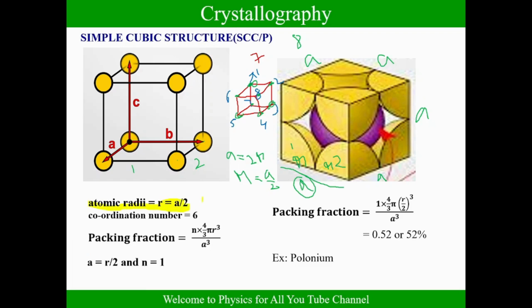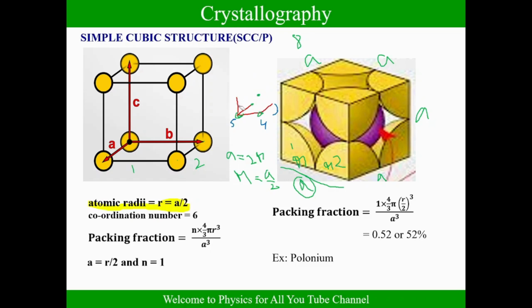You note this point. Now, we have to calculate the coordination number. Coordination number is defined as the number of atoms nearer and equidistant to any other atom. That number is known as the coordination number. Now we have to calculate the coordination number for the simple cubic structure.